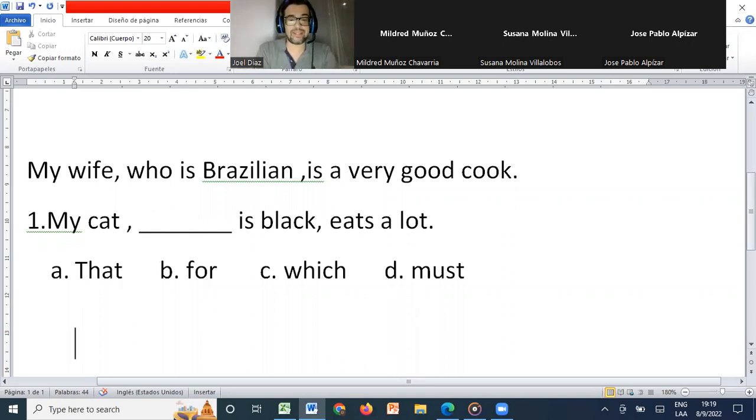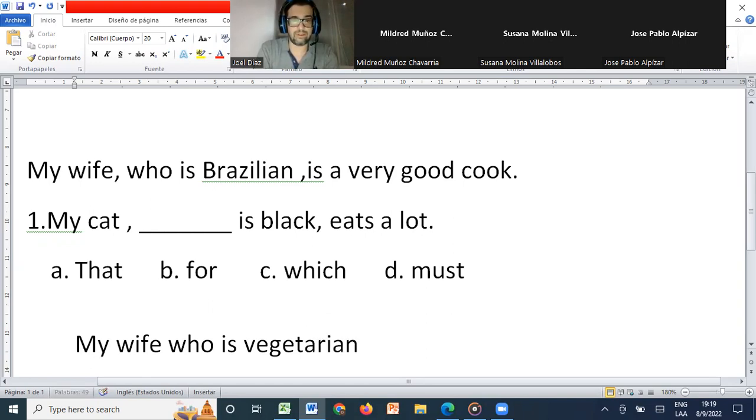I don't know, we can say, talking about the same thing, my wife who is vegetarian is allergic to, I don't know, meat, right?